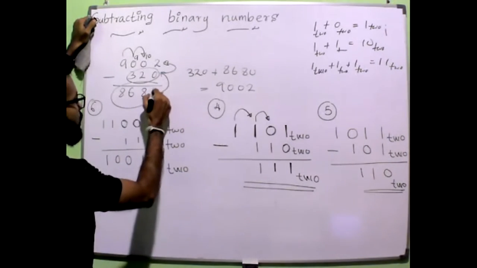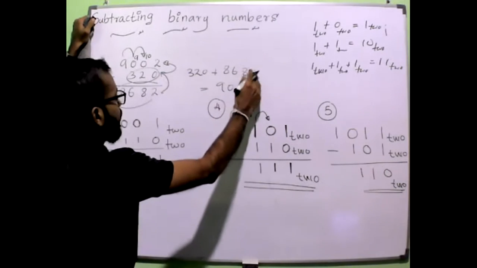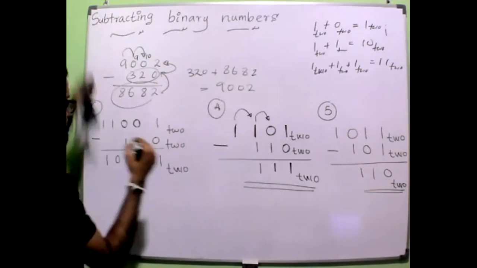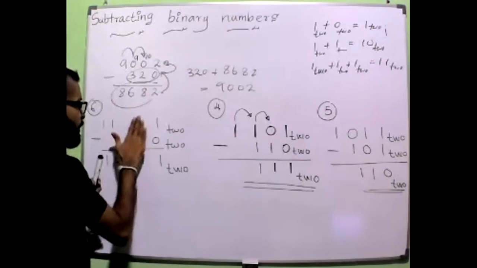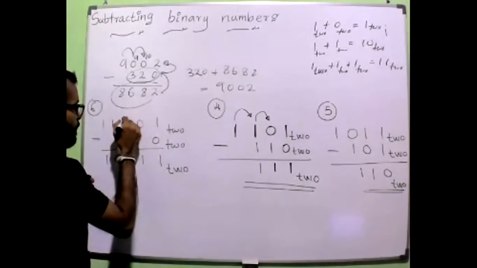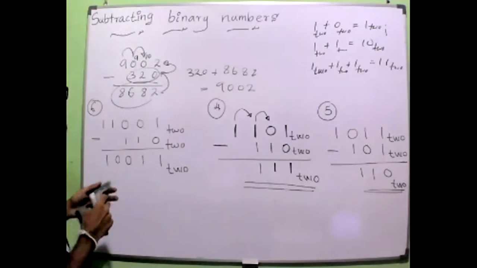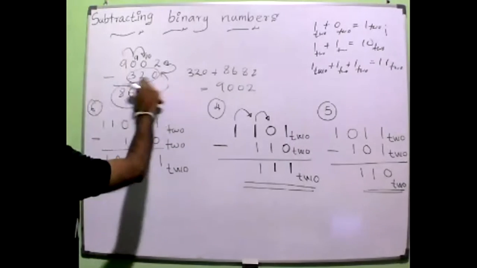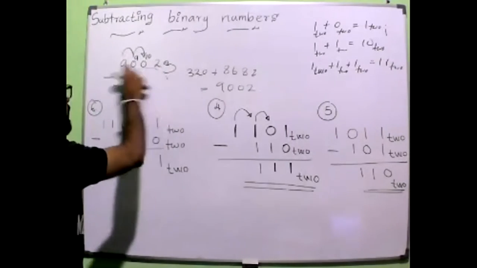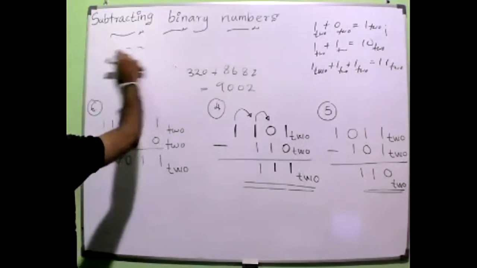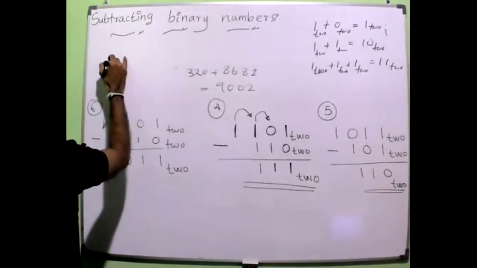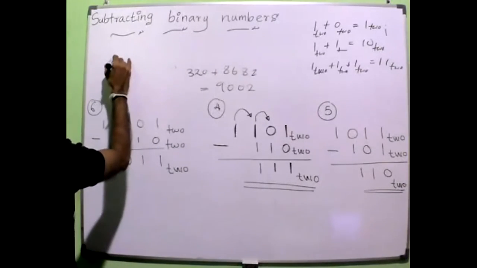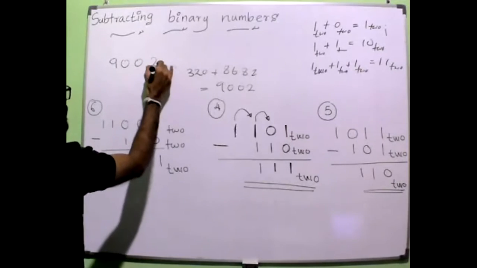Here 2, right? So that thing applies here, the same thing applies here. The only difference is, here you have two zeros, and previously in the normal number, I will say this is it.